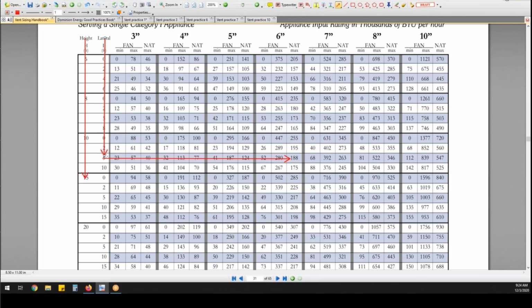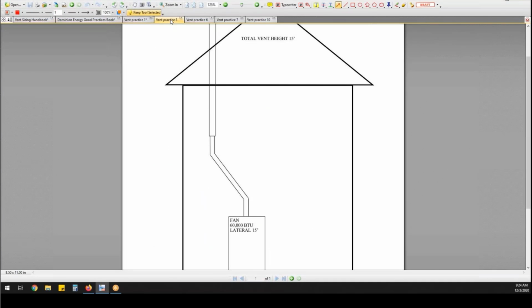That's a big long lateral run. That's going to create a lot of resistance, and we need to be able to move 60,000 BTUs through that.